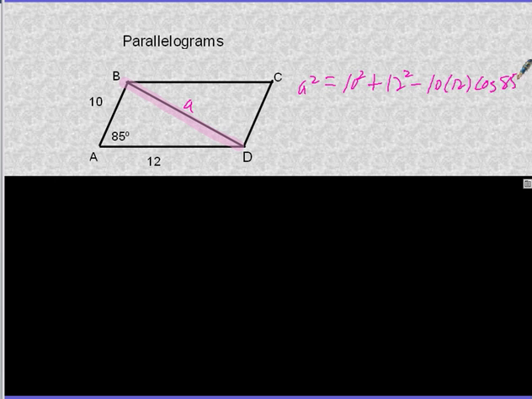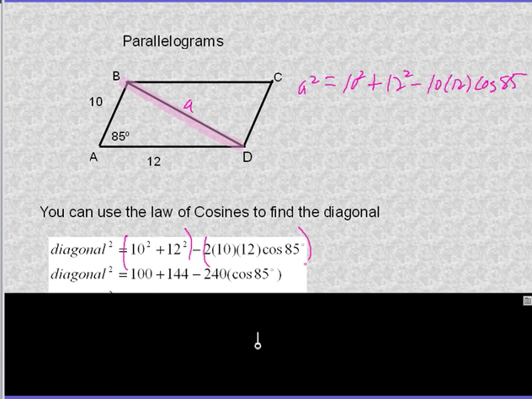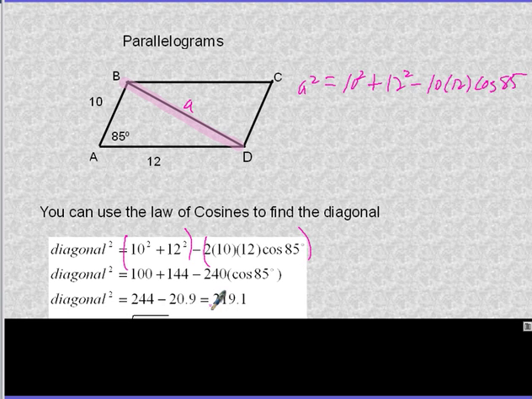So this is what we have. Remember, do this, and then subtract, and you're going to get 219.1. And remember, this is the side squared, take the square root, and you get 14.8.